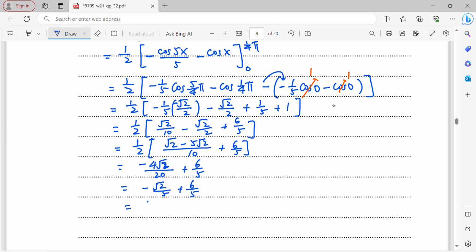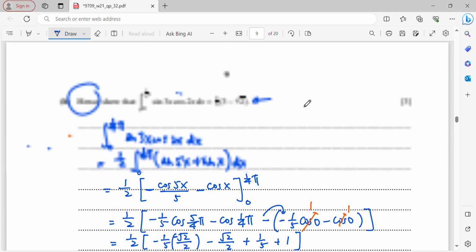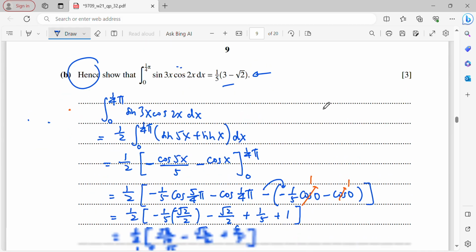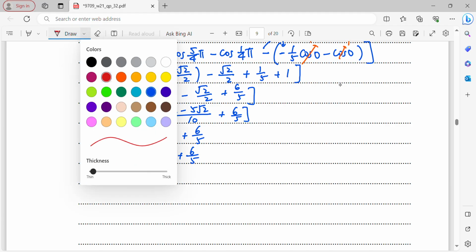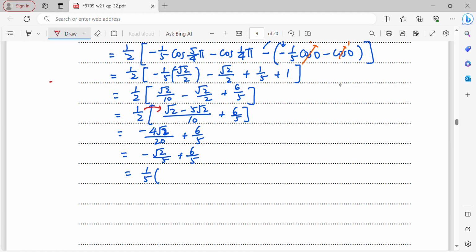Then from here I can factorize the 1 over 5. And now just check the final answer. You need 3 minus root 2. So, okay, wait, I forgot one term here. This half I times into the first term. I forgot to times to the second term. So when I times to the second term, here should be over 10. Okay, so when over 10, this is going to be 3 and 5.